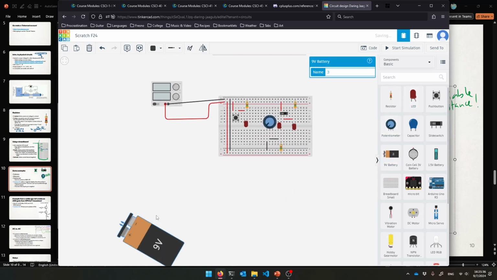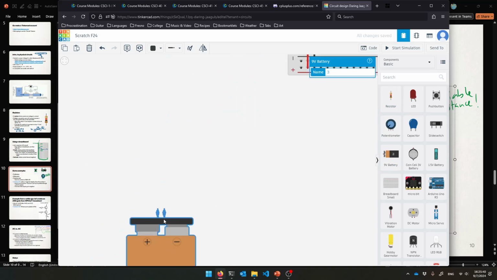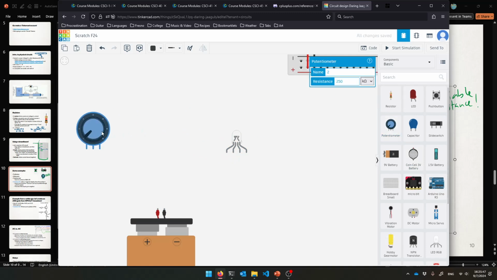Let's do a battery this time. Battery, oops, go back. There, perfect. We've got an RGB LED, and then we'll have three potentiometers to control how much red, how much green, how much blue. Isn't that cool? So there's red, cathode, blue, and green, and the cathode, of course, is going to go to negative.